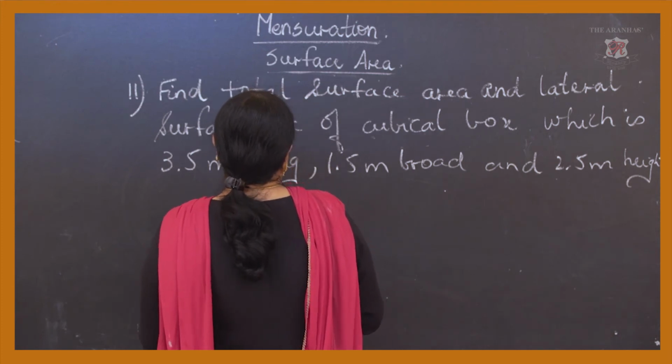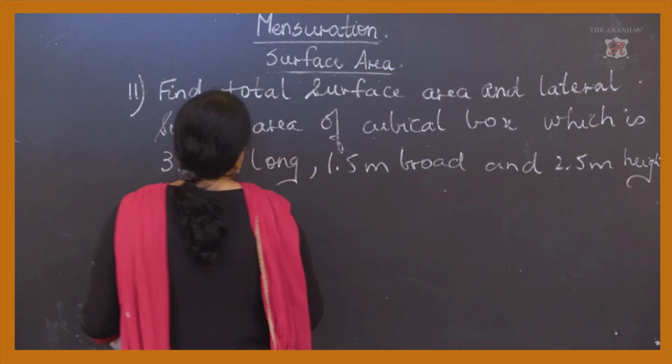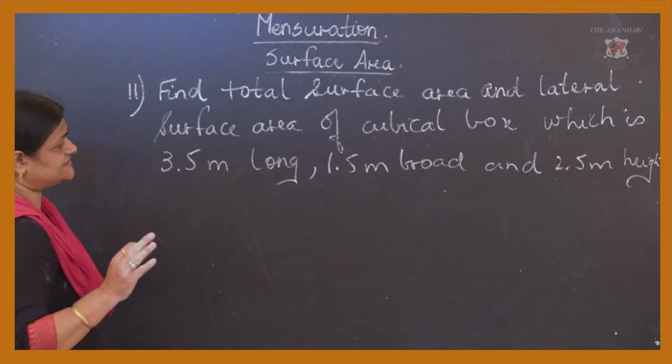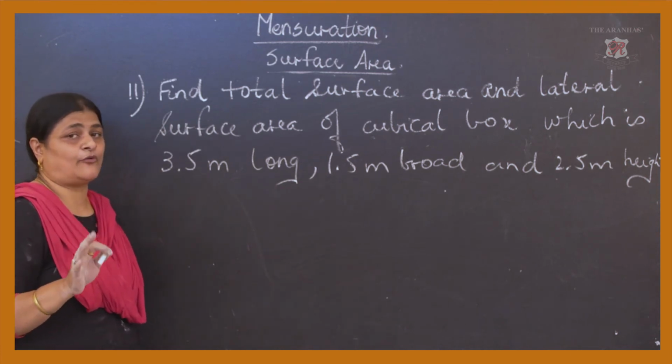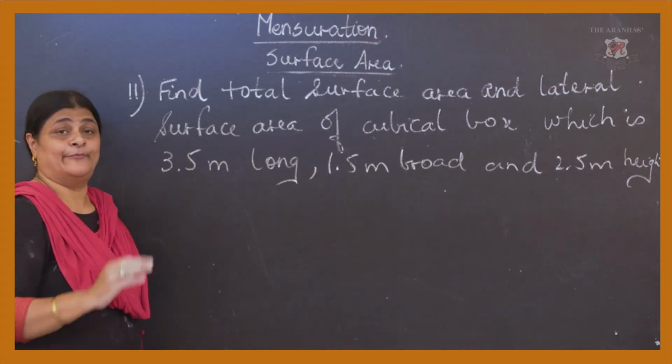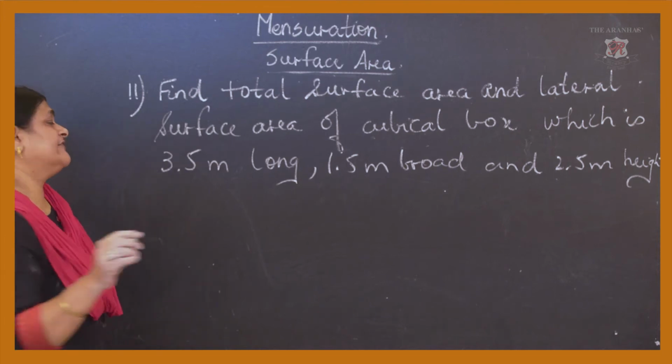I'll give you something in decimal also, so that you can solve it. Okay, so you have to find out the total surface area and the lateral surface area of a cuboidal box whose length, breadth and height is given to you.